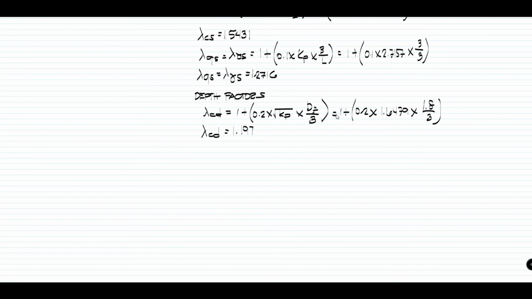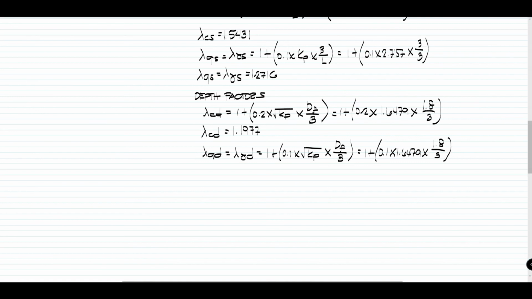1.1977. So, our lambda QD naman and lambda gamma D will just be equivalent to 1 plus 0.1 times square root of Kp times dF over B. So, that is equal to 1 plus 0.1 times 1.6479 times 1.8 divided by 3.